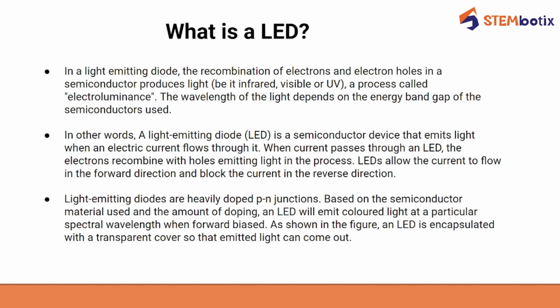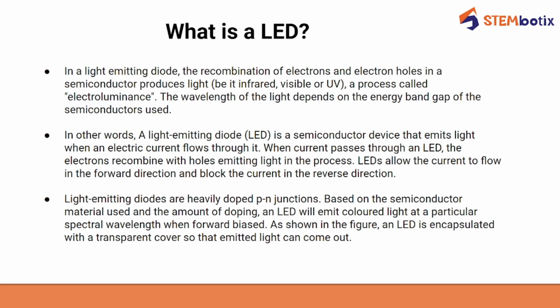As in the previous slide, we saw that in some diodes the light emitted is not visible because of the frequency level, which can be infrared or UV. This process, due to which recombination of electrons and holes occurs and light is produced, is called electroluminescence.